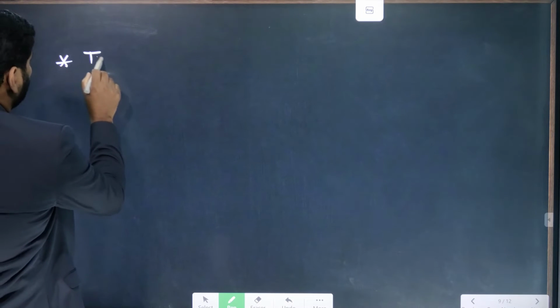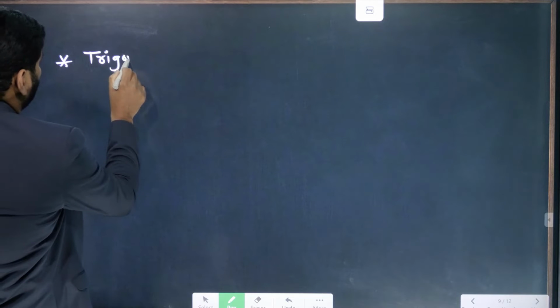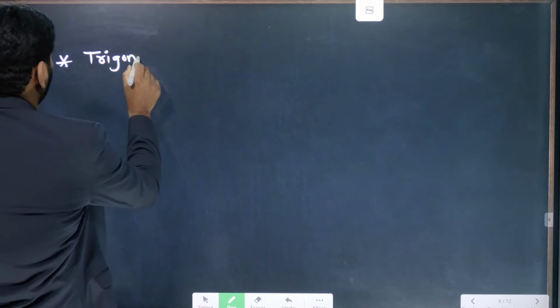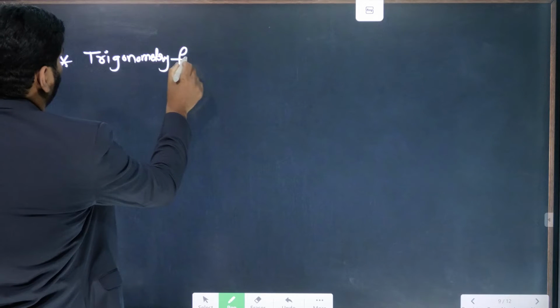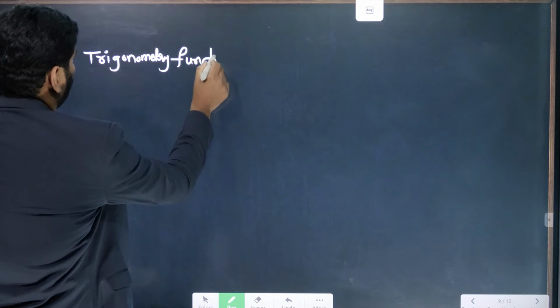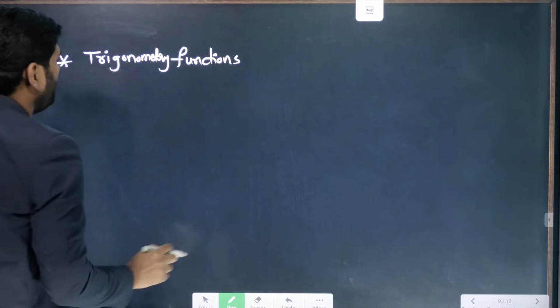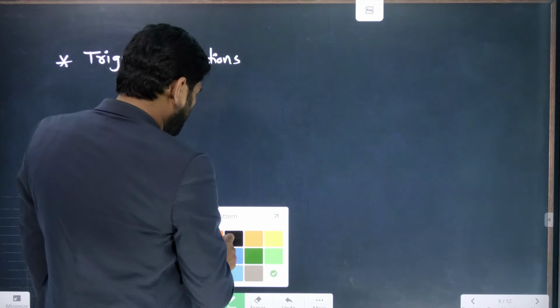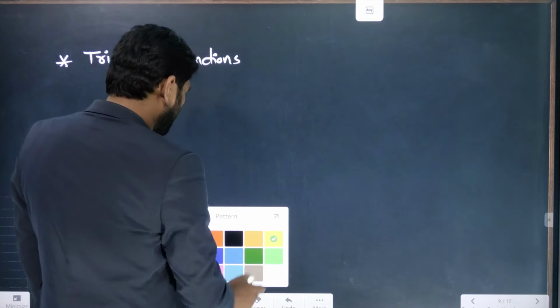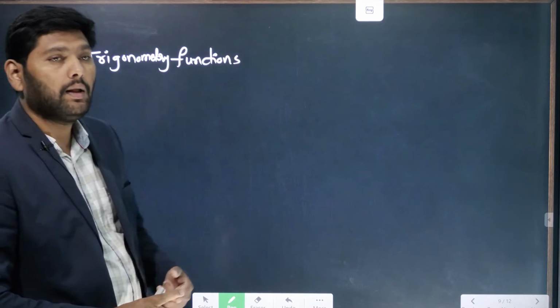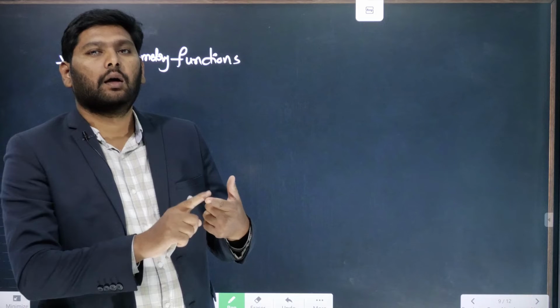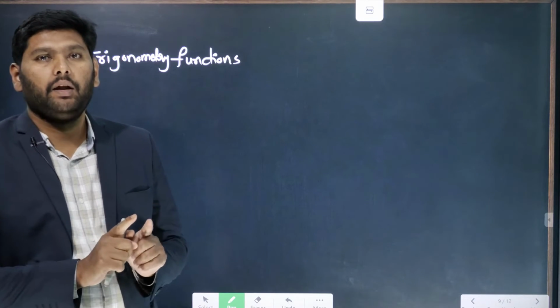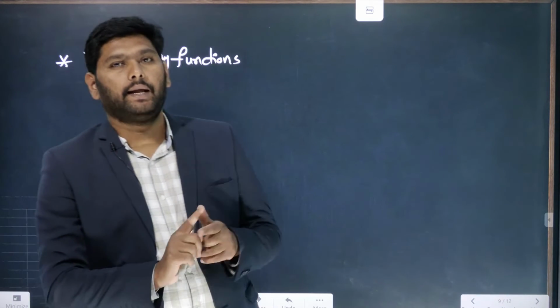Next part is trigonometry functions. In the trigonometry functions, you know very well, these are nothing but functions relating the sides and angles. Trigonometry functions are nothing but relating sides and angles.